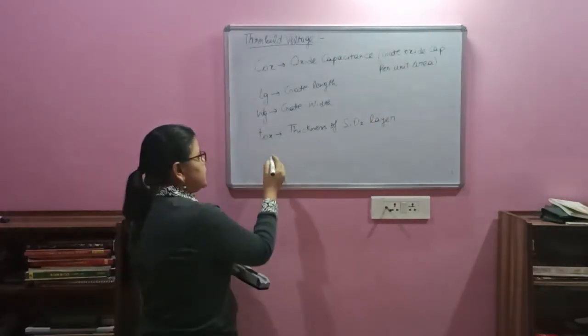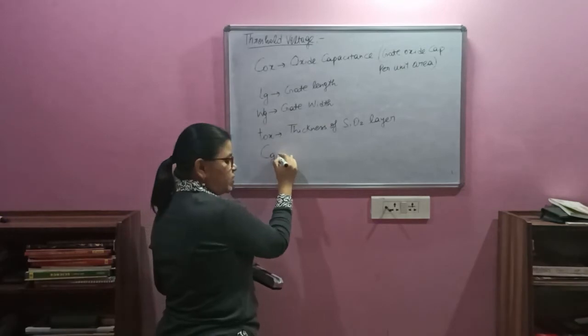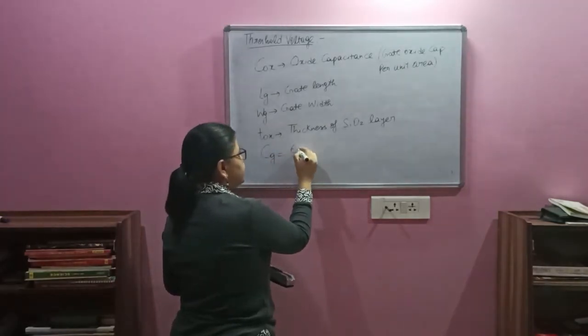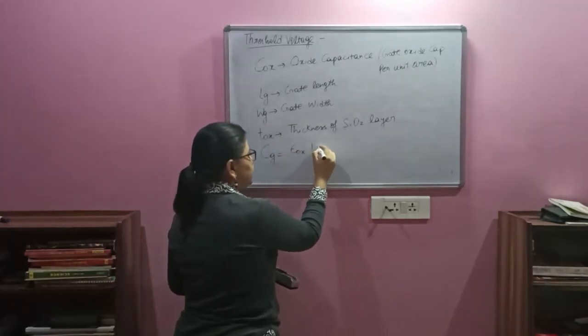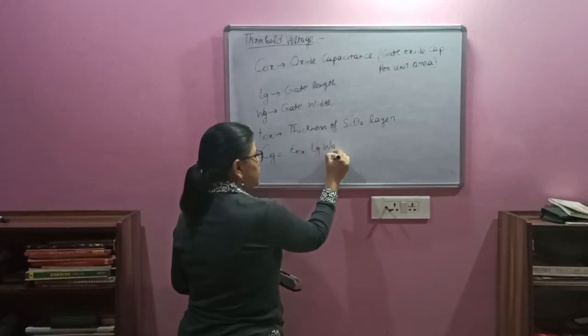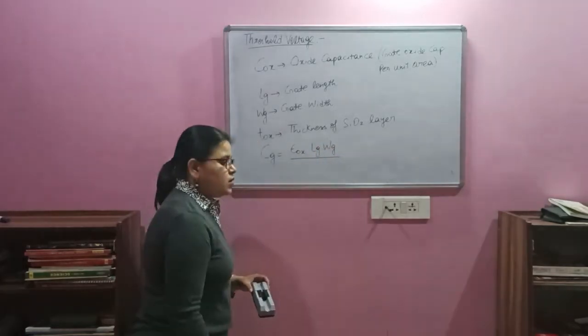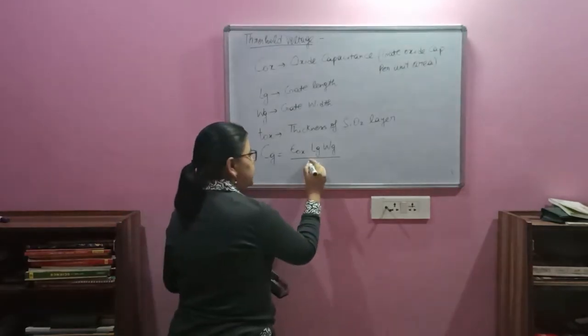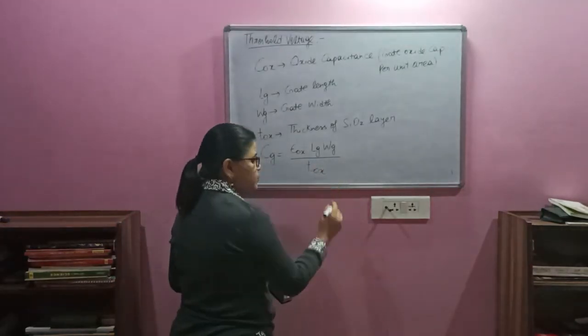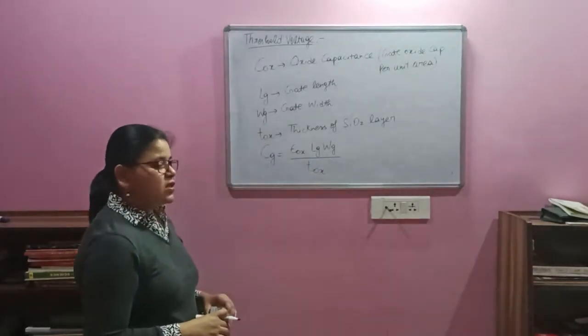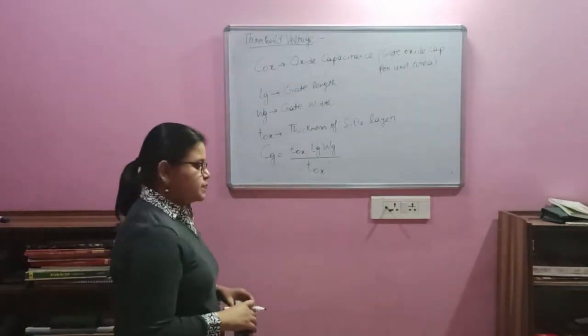Then the gate capacitance will be given as epsilon oxide into gate length into gate width upon the oxide thickness. This is how we define the gate capacitance.